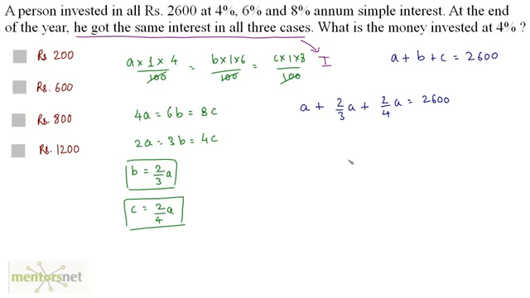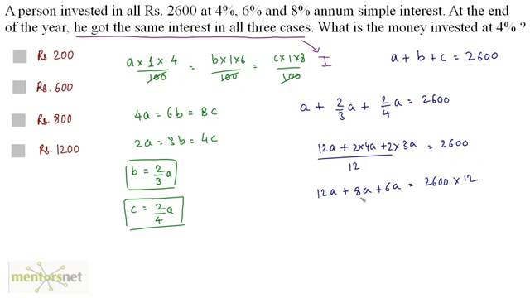So the LCM of 3 and 4 is 12, so this is 12A plus 3 4s are 12, so 2 times 4A plus 4 3s are 12, so 2 times 3A, that's 2600. So I have 12A plus 8A plus 6A is equal to 2600 times 12, right?